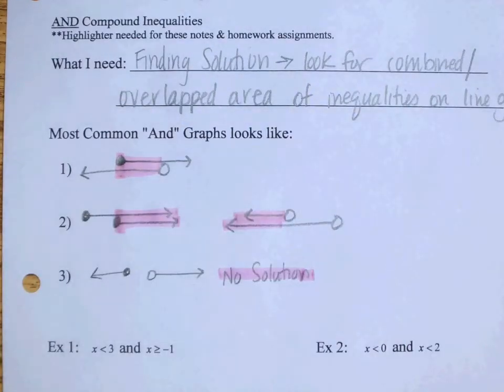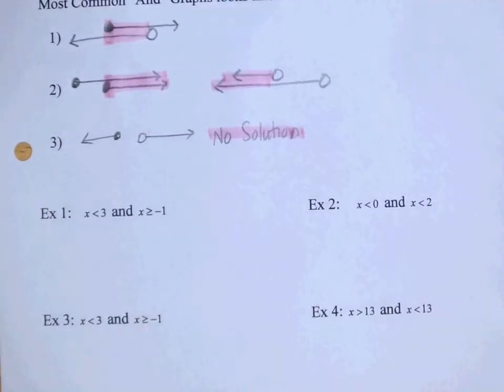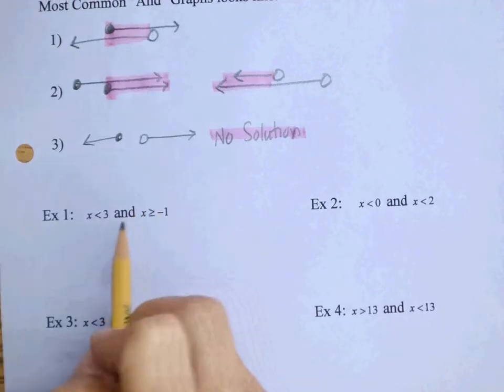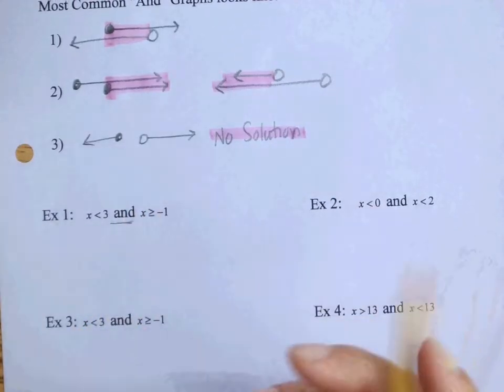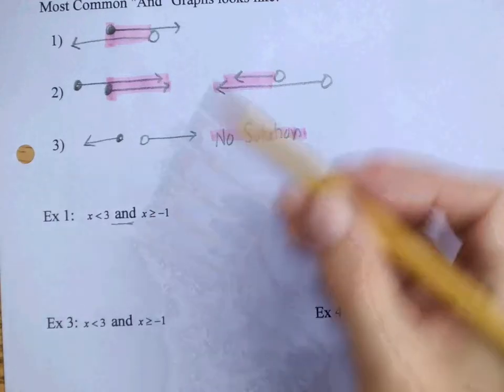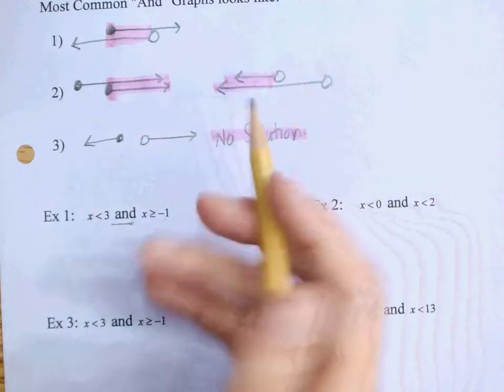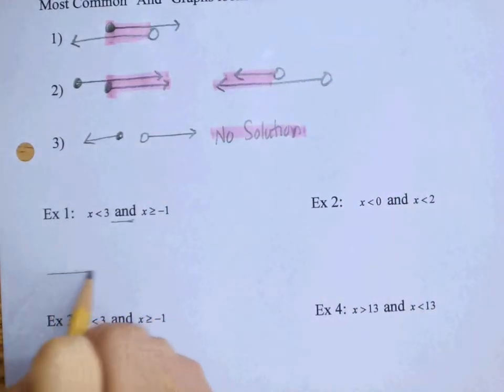All right, let's go ahead and practice some of these. So example number 1, I have x is less than 3 and x is greater than or equal to -1. This and will be very key because, like I said, we're going to do something called or. When it's and, we know we have to look for what we wrote down as our definition, where they overlap. So we start regardless with a number line.